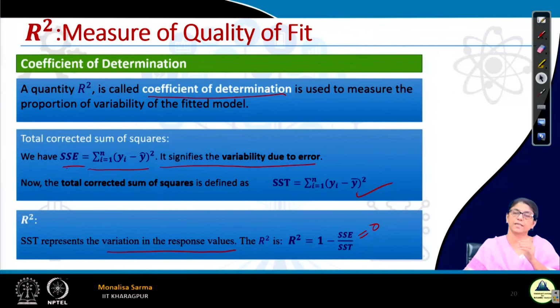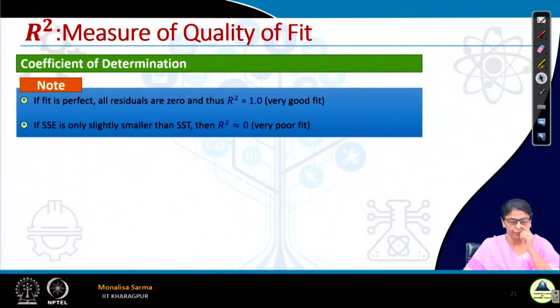In that case, the question of quality of fit doesn't come up basically. The regression line that I got is totally showing a wrong trend. So, if the fit is perfect, all residuals are 0 and R square is equal to 1, as I told you. SSE equal to 0 means the fit is perfect.